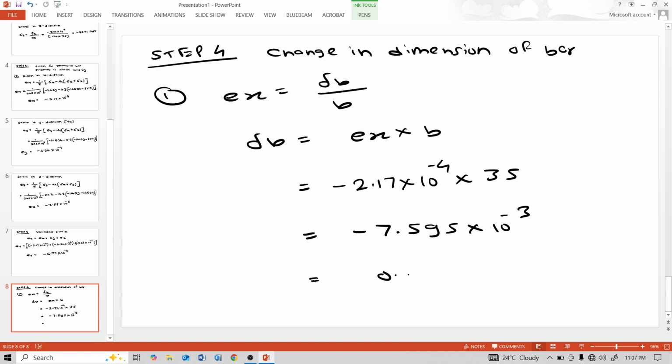That means minus 0.0076 mm. This is change in width.